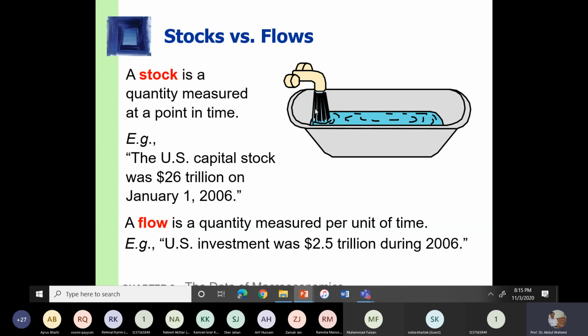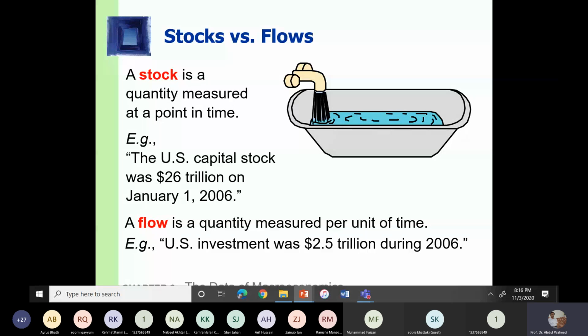So we have flow and we have stock. Now there is no leakage here, so this means there is no depreciation. Now if we have leakage and the rate of flow and the rate of leakage are the same, then what will happen to the stock?